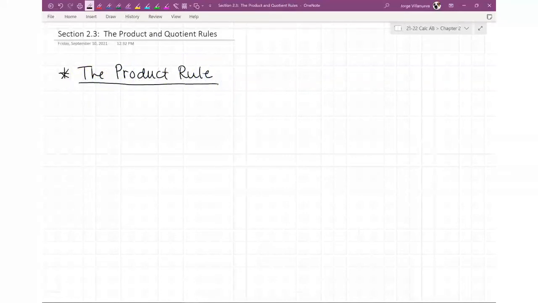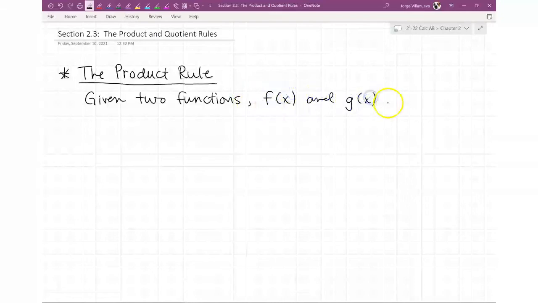So given two functions, let's say f of x and g of x, the product rule is used as follows.